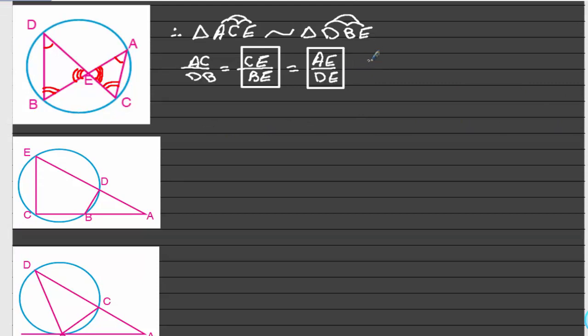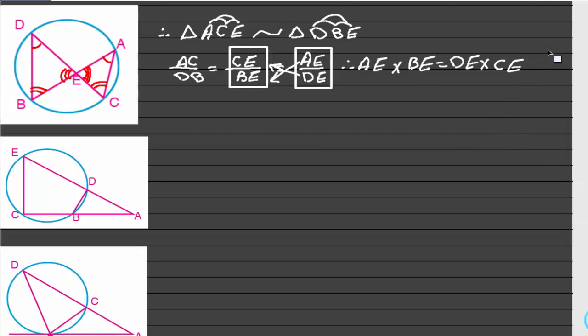So we deduce that AE multiply BE equals DE multiply CE. Okay, so here we have two chords, AB and DC. We can deduce directly that AE multiply BE equals DE multiply CE.